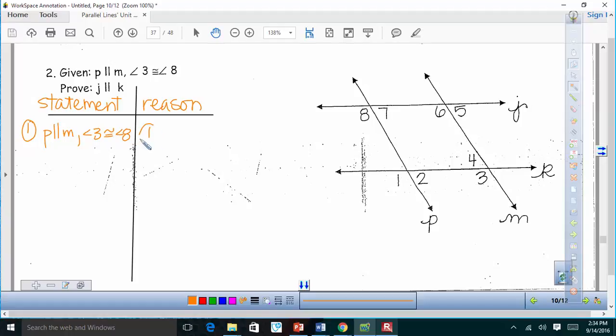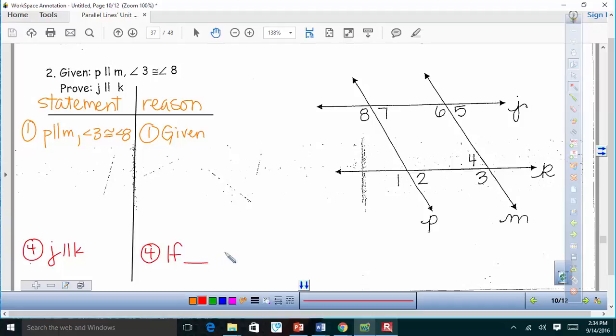And I know that's true because it's given. Okay? And then what else should we go ahead and write so we don't get confused? Okay, our prove. So our fourth step is going to be J is parallel to K. And then what should I write? Go ahead and write in my reason.